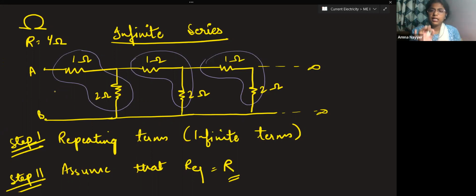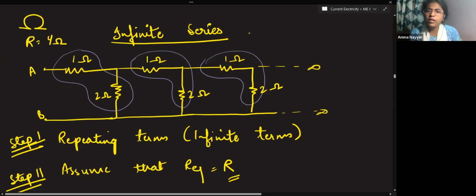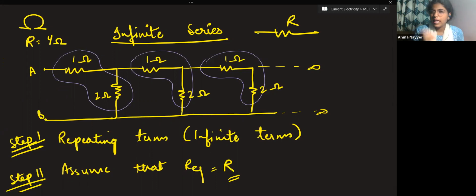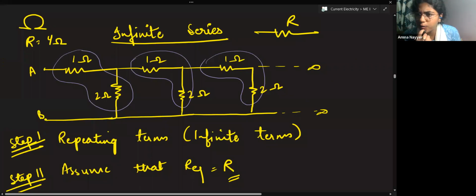Now, just tell me one thing, class. I have reduced this whole circuit to R. This is my equivalent resistance, the answer of the infinite resistance. If I add just one more repeating term to this, will there be any difference in this R value? I'll tell you what I'm saying.